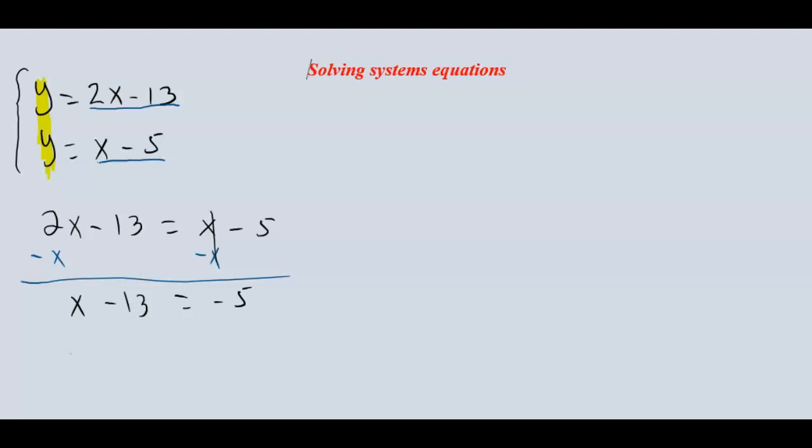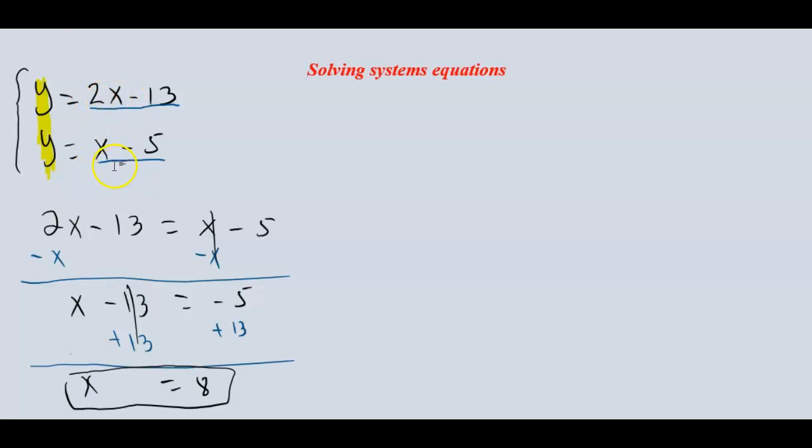Now we can go ahead and add 13 on both sides. Negative 13 plus 13 is 0, so we got x equals negative 5 plus 13, which is 8. So we got x equals 8. Now, we can go ahead and take the value of x and substitute it in either of these two equations, either this one or this one.